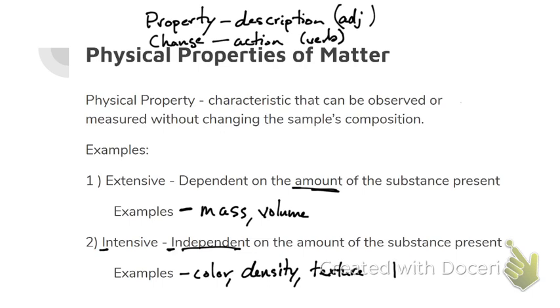For example, if I have 2 dots per box, even if I add another box, now there's 4 dots, but there's 2 boxes, so it's still 2 dots per box. So density is how closely things are spaced, or the amount of particles per volume. It's intensive, and the reason is you can add as much as you want, but the density will still remain the same. Okay?